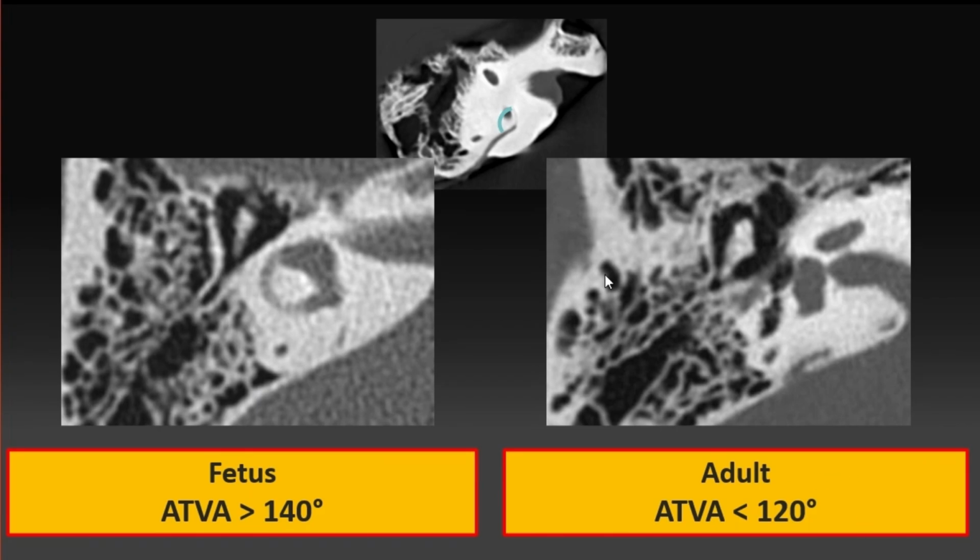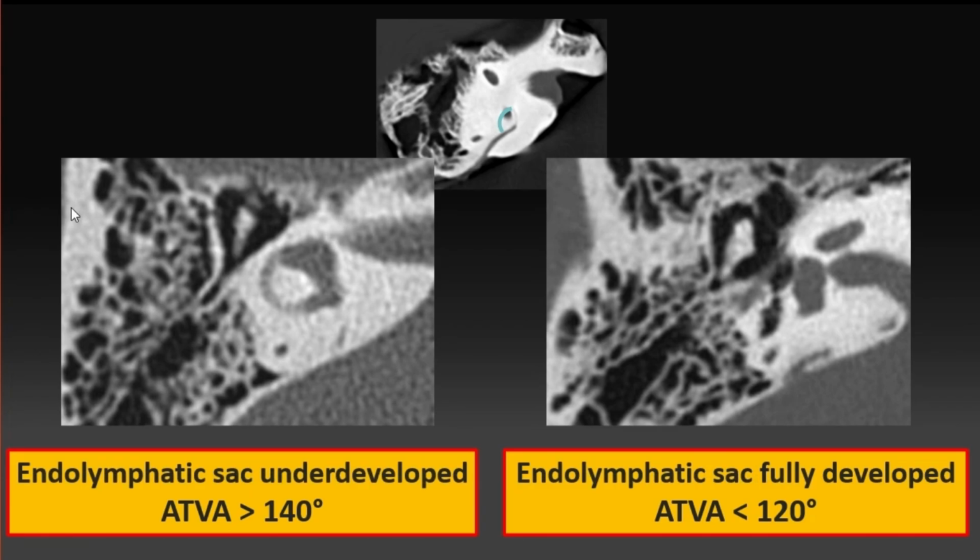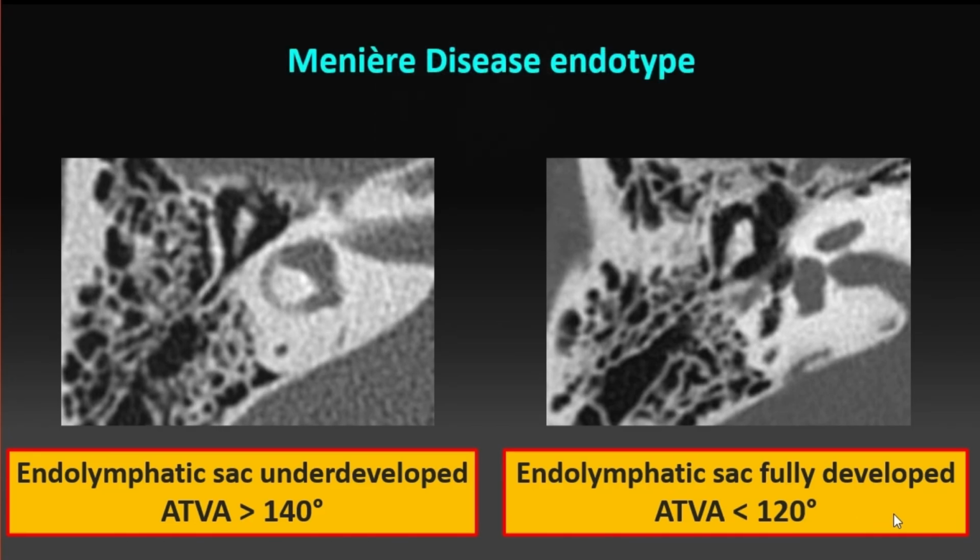But if you tell me that both these patients who got CT scans here have Meniere's disease, then now I can tell you about the underlying endotype phenotype. The one on the left has an underdeveloped endolymphatic sac. So this is the hypoplastic endolymphatic sac endotype phenotype. The one on the right has a fully developed but probably degenerated endolymphatic sac, and that would be the degenerative type of Meniere's disease.